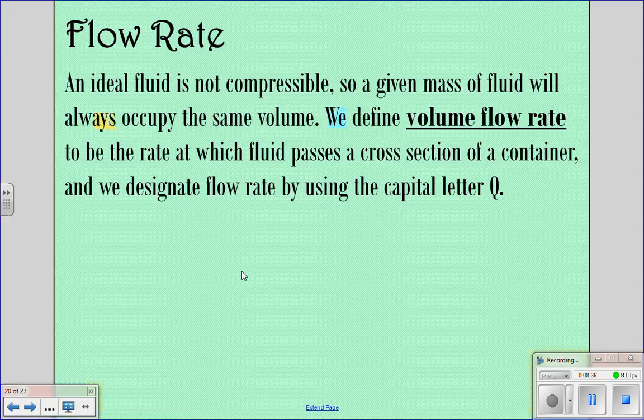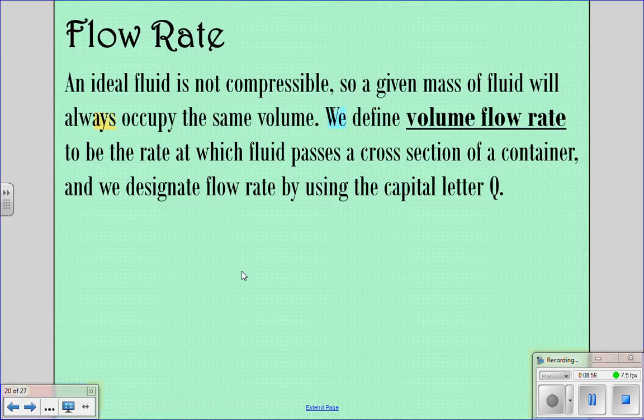We define volume flow rate to be the rate at which a fluid passes a cross-section of a container, and we designate flow rate by using the capital letter Q. And I'm pretty sure that we've already had a Q earlier in the year to represent something else.